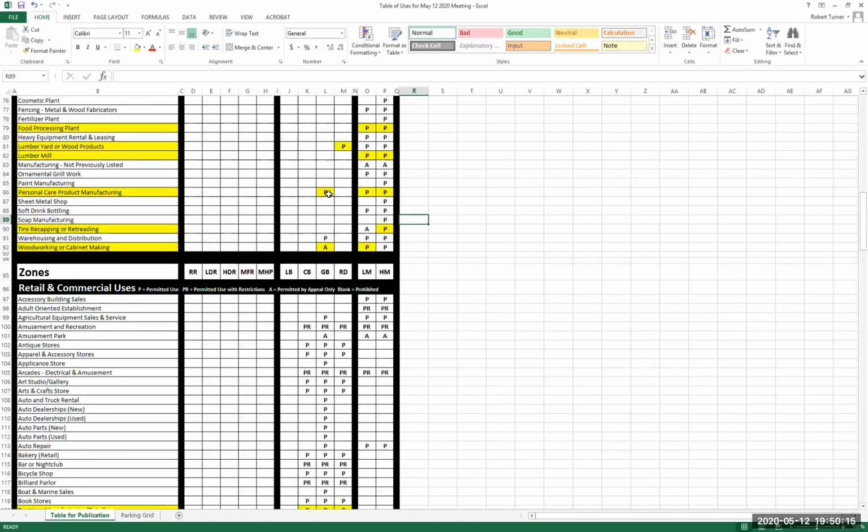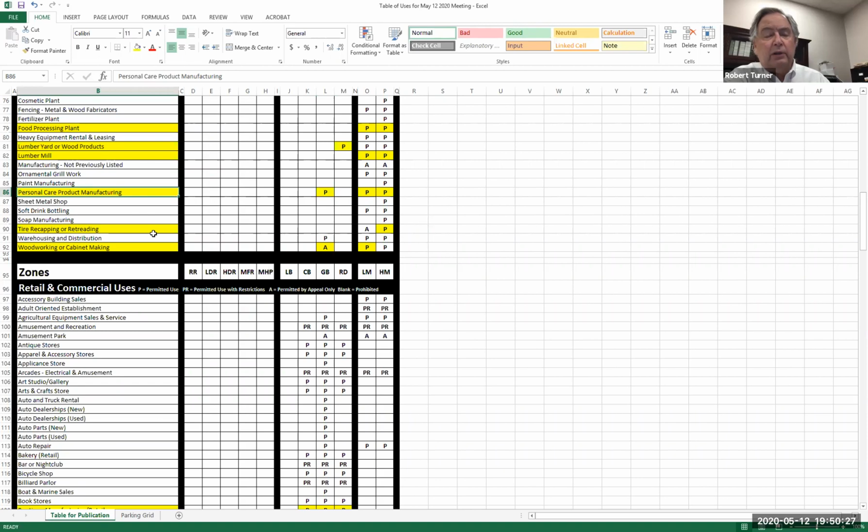So we have a place in our ordinance that allows for the combining of a long list of stuff, and it basically boils down to personal care product manufacturing, hair shampoo, hand sanitizer, that kind of stuff, which is what they do at the Pomida building. That's the only area that's not light manufacturing that they are in, which is general business, is that old Pomida building.